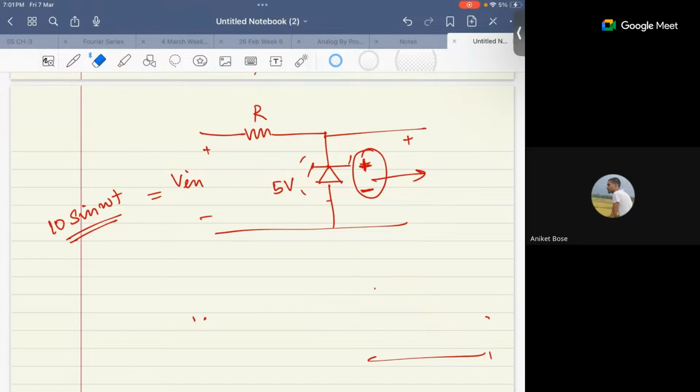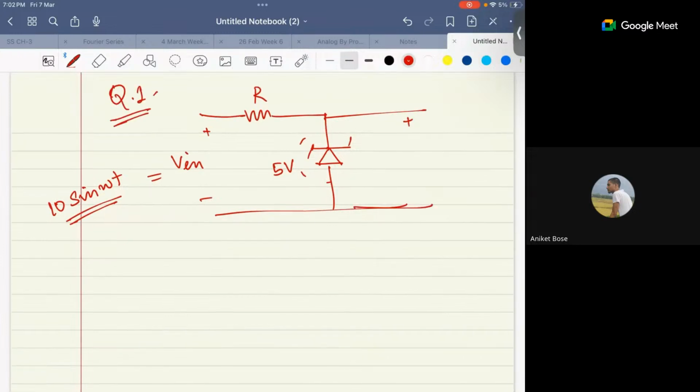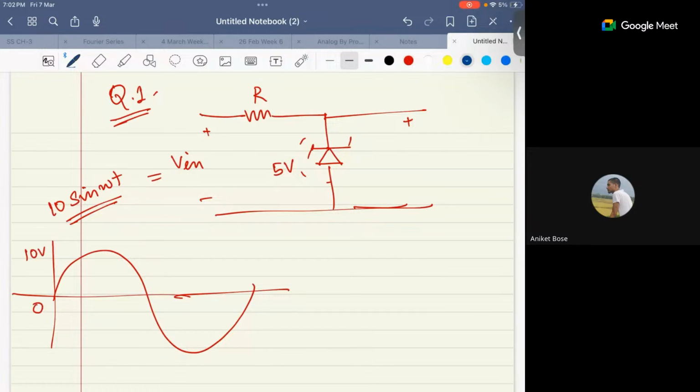Okay, if this is clear, let's try to solve it. How will you draw a transfer characteristic, V output versus V input? This is question 1. V input is like this, with 10 volt and 0.